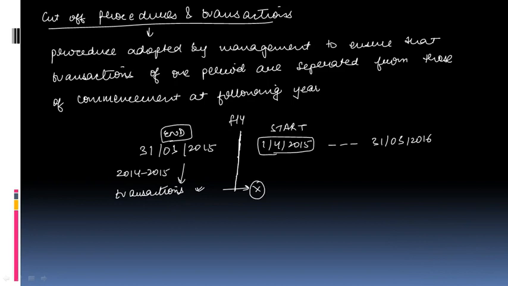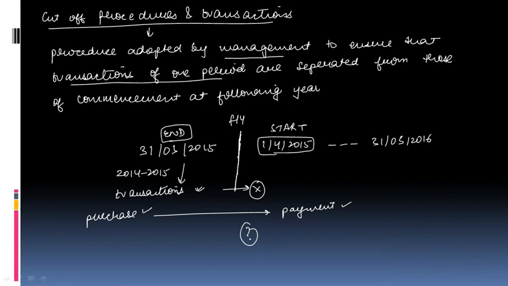Right? So how are we going to deal with it? If we have made a purchase this year and we are going to make payment next year, where are we going to count it? Where is this going to be allocated? आप इसको कहाँ लेके जाओगे? In 2015 or 15-16? This is all about the cut-off procedure adopted by the management so that the transactions of one period are separated from the commencement at following year.